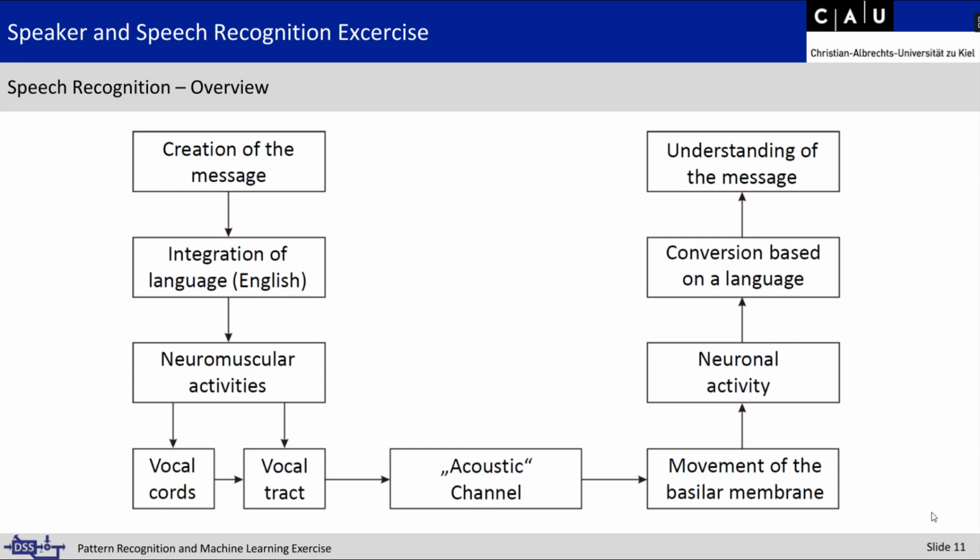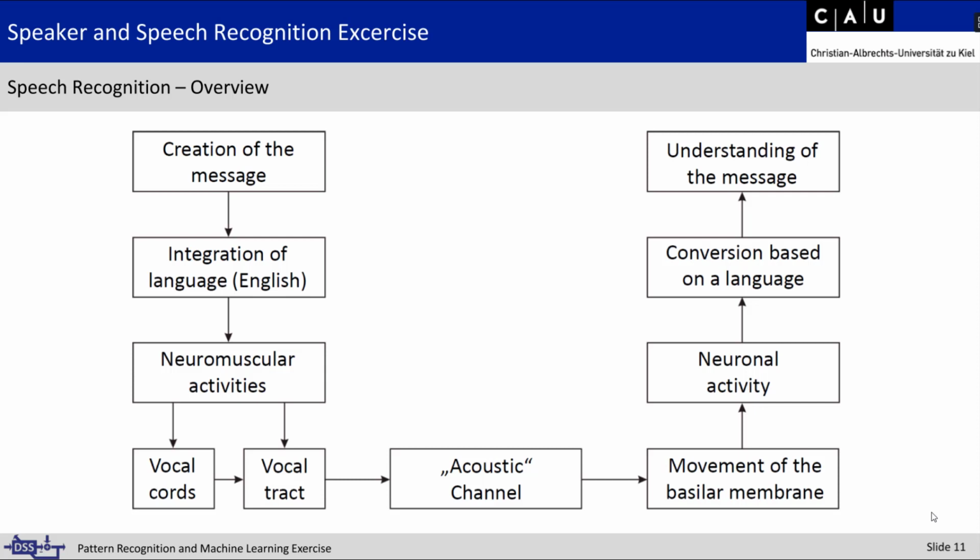And after that we have our acoustic channel that transmits the sound waves from one person's mouth to another person's ear, and that will move the membrane in our ear. After that, we have pretty much the same process as before, just the other way around.